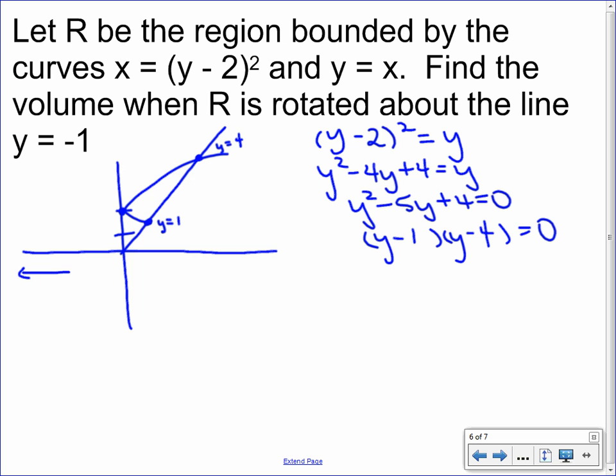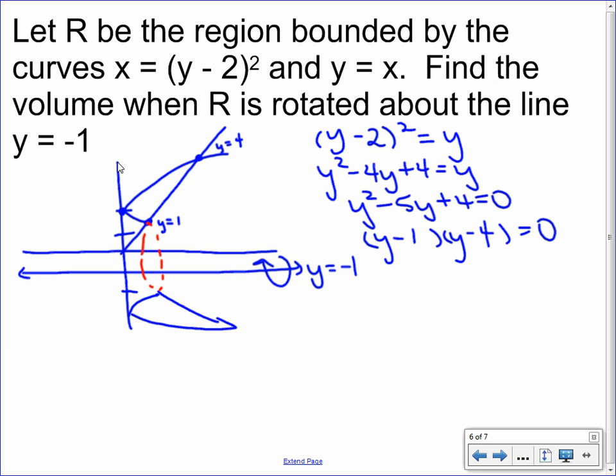We want to rotate about the line y equals negative 1, which is right here, which looks like this. That is not right, is it? Does it need to go down one more? Yeah. Okay.